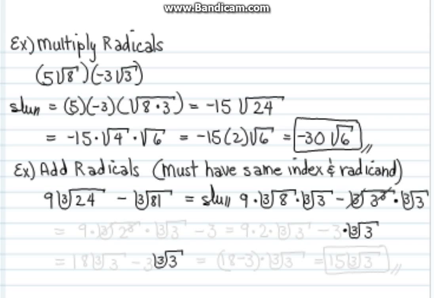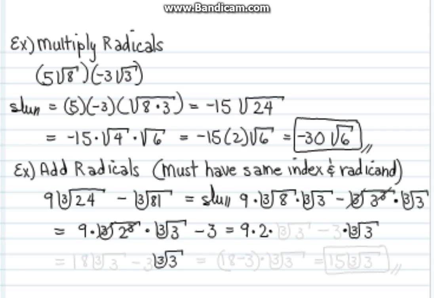Okay, let's continue with the next line. Bring down the 9 times the cube root of 2 to the third power. So here what I've done is I have rewritten 8 under the radical sign as 2 to the third. And you don't have to do that step if you don't care to. I'm just trying to be very precise. And then we're going to subtract the 3 times the cube root of 3.